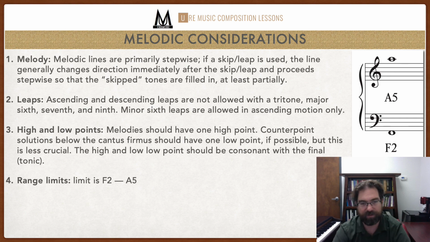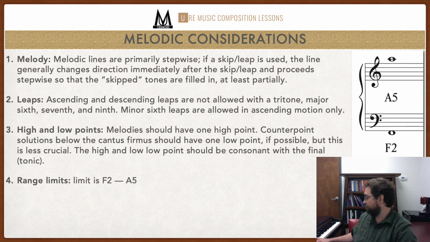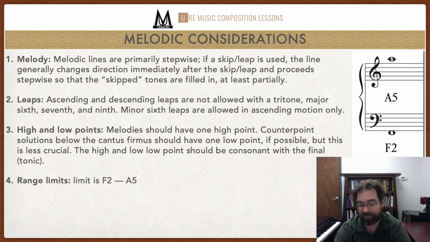You don't want to start out the sopranos on a high A, especially if they're part of a choir and they're not soloists. We want to make it easy to sing, and that's why we like to use stepwise motion. We like to resolve our leaps because singing a whole bunch of leaps in a row is kind of hard to do, and you quickly run out of room. So you want to avoid those leaps unless you resolve them in the opposite direction.